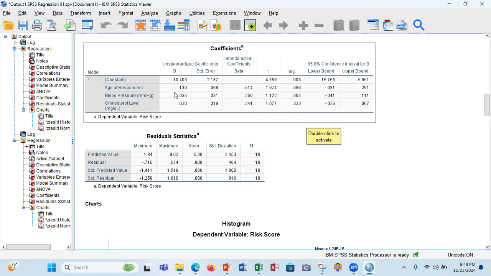For age of respondents, you can see that the p-value, which is the level of significance, is 0.96. Now, how do we make decisions to determine whether this is significant or not significant? We set our alpha value. The alpha value that we set was the error, which was 5%.